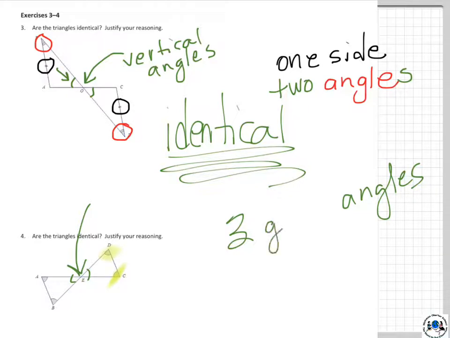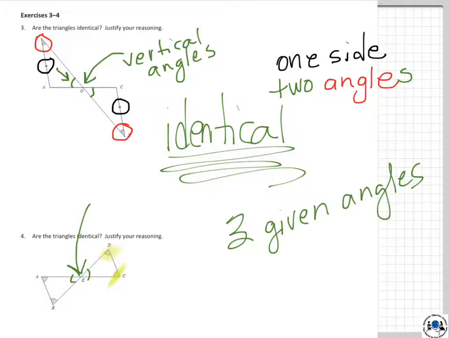And if you remember way back when, three given sides was a condition for a unique triangle, and therefore reproducing identical triangles.